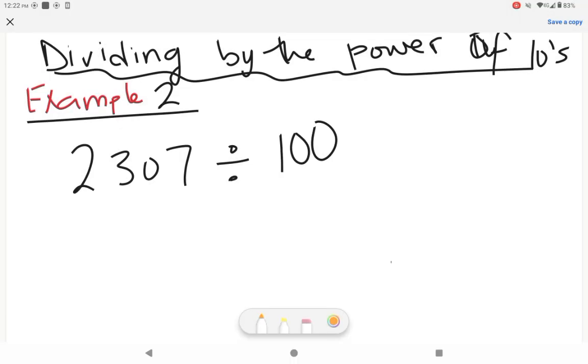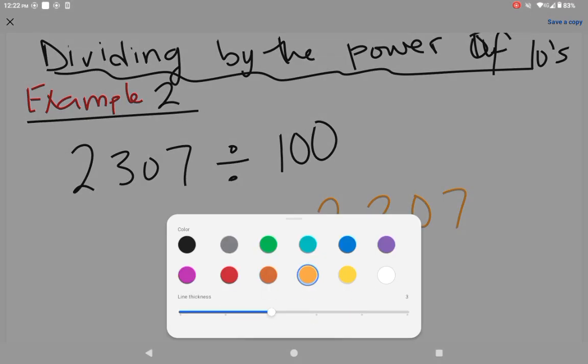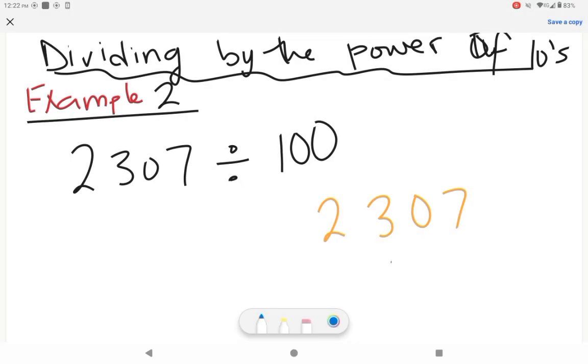Then I'm going to write my digits out: 2307. I start jumping from the ones, and the ones right there is 7. So start jumping from the 7: 1, 2. I have to jump twice, remember, because it is divided by 100, which has two zeros. Then I put my decimal point after that. Our new answer looks like 23.07.